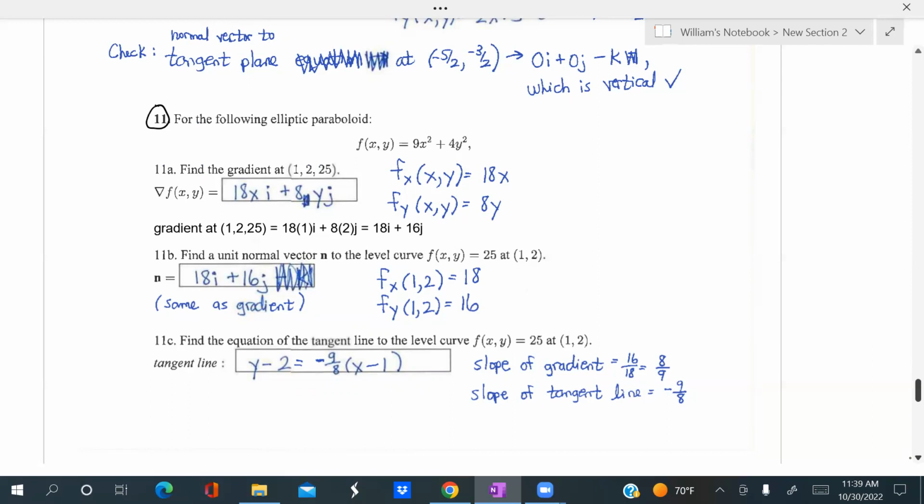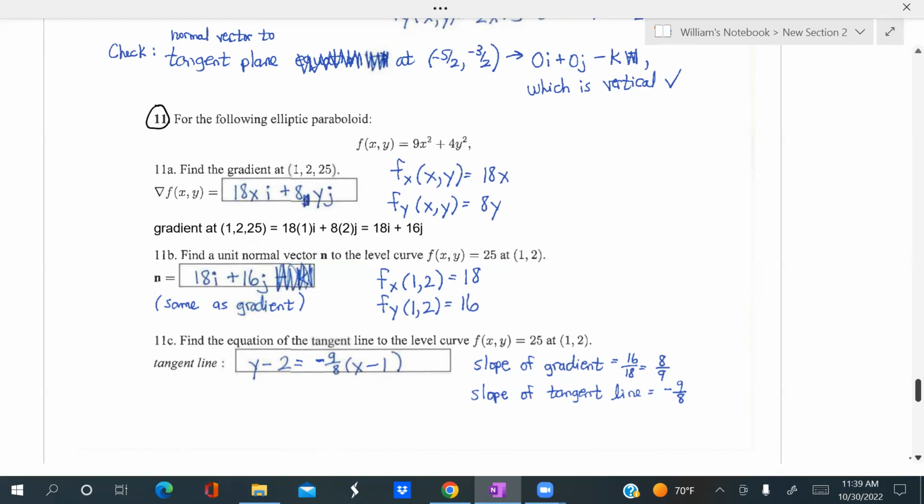Okay, so here, what we're showing are just the calculations for finding the gradient. Here's the formula for the gradient in general at any point x, y on this surface, not just this particular point. Remember, that's going to be the partial derivative with respect to x times i plus the partial derivative with respect to y times j. So in general, here's the formula for the gradient at any point on this surface.